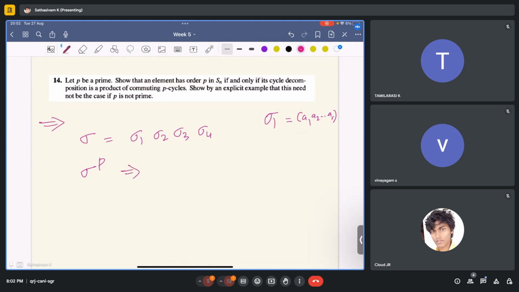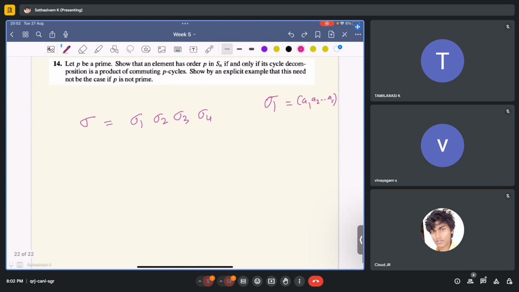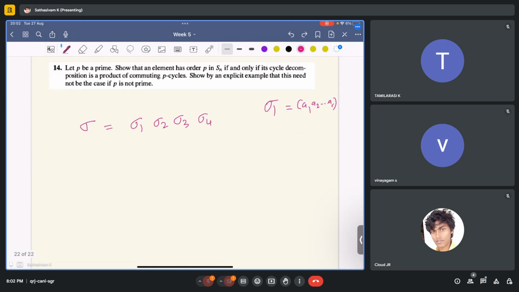Maybe one can do it directly, but let's use the previous theorem and finish it off. The order of sigma is nothing but the LCM of the lengths of these cycles.